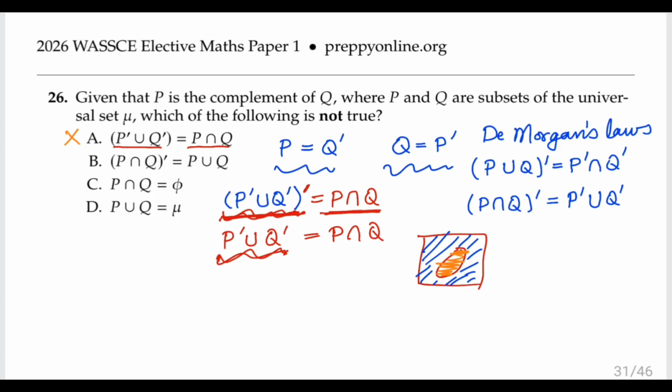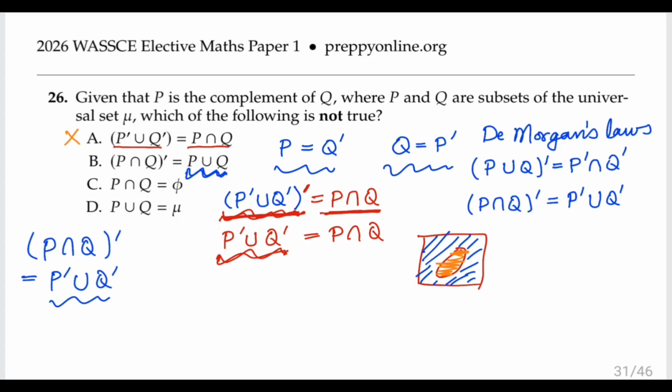B says the complement of P intersect Q. Again, by using De Morgan's laws, if you want the complement of P intersect Q, it's equal to P complement union Q complement, not P union Q. Let me see. No, sorry. Yes, that's right. So we have to now see whether this is equal to that.